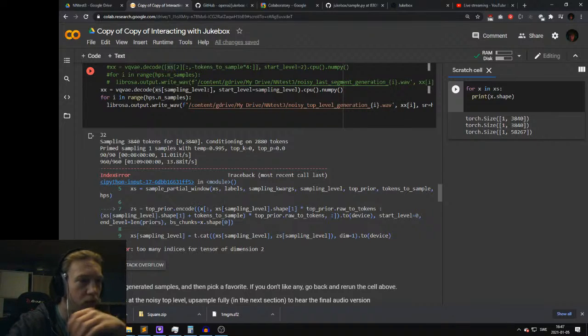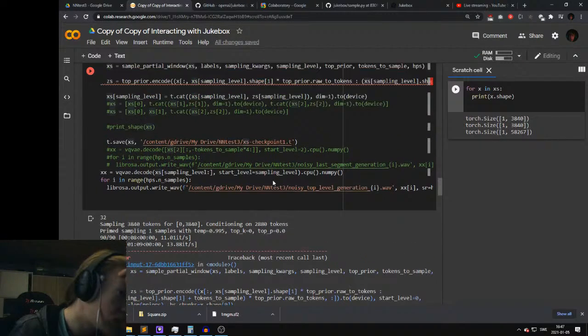Wait, what? What's the deal here? Too many indices for tensor of dimension 2. Too many indices.